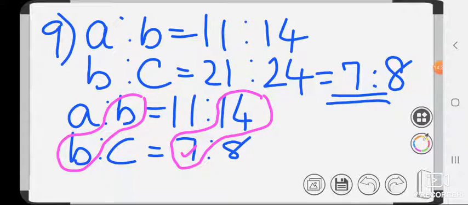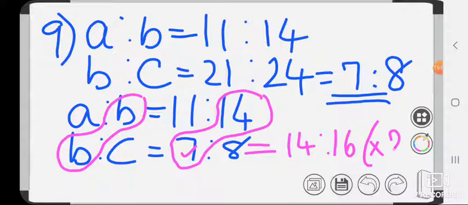If you multiply 7 by 2, we can make that term 14. So for that, we multiply the second ratio by 2. That is 7 2s are 14 and 8 2s are 16. While multiplying, we cannot multiply only the term B. We have to multiply both the terms B as well as C. So we multiplied by 2.